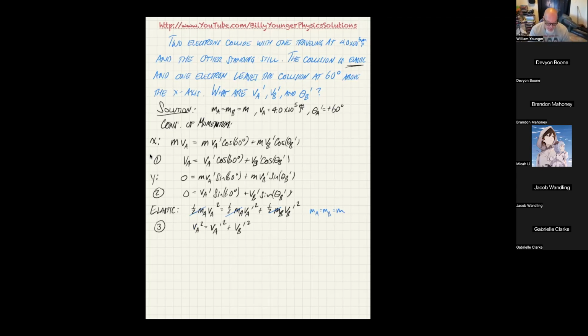Okay. Now, what I'm going to do is take equation 1 and bring VA prime to the other side and then square it. And I'm going to do the same thing with equation 2.